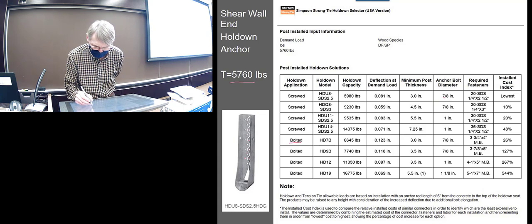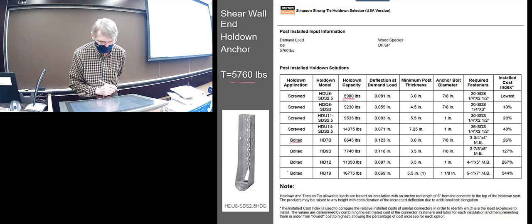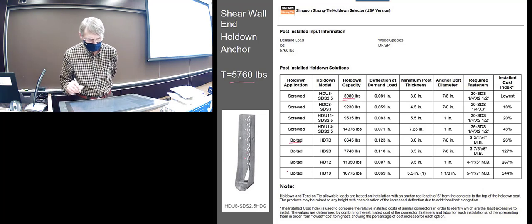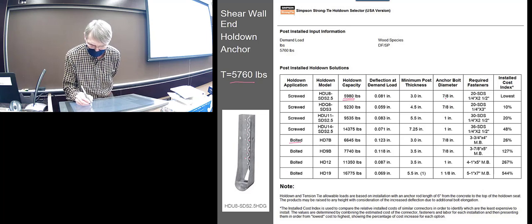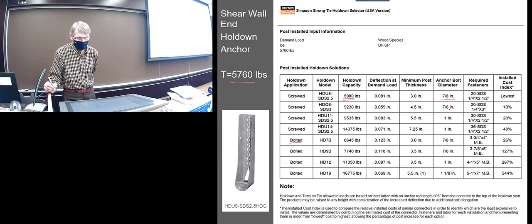And we've got a strength. Where's the strength? Oh, here it is. Well, we're on the low side. Look at this. They're much higher ones. So even that one would do it. 5980. Okay. And it would require a 7/8 inch anchor bolt.